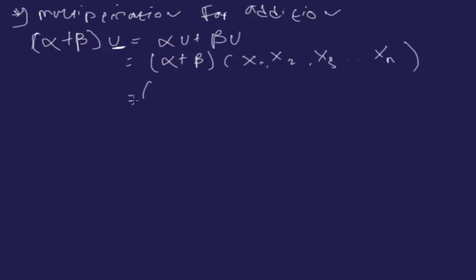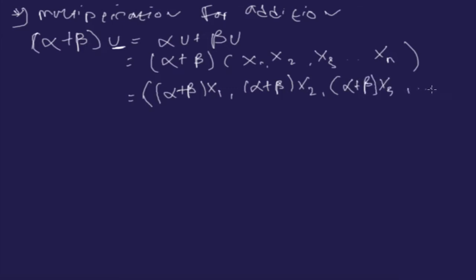Then we will do the operation of multiplication. So we will have alpha plus beta times x1, comma, alpha plus beta times x2, comma, alpha plus beta times x3, and so on up to alpha plus beta times xn.